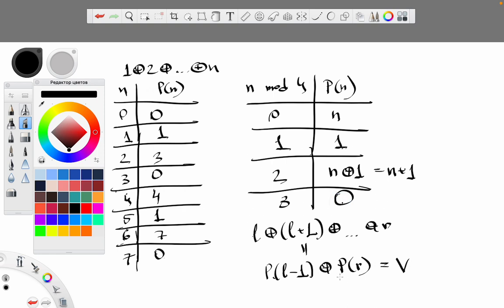If it's 0, then this should be just v, and depending on v, if it's 0, then L should be 0 modulo 4, so that L minus 1 is 3 modulo 4. If it's 1, then L should be 2 modulo 4. Otherwise, each of these values can appear only once, so we just check for them. The same when this is 0 or 1.